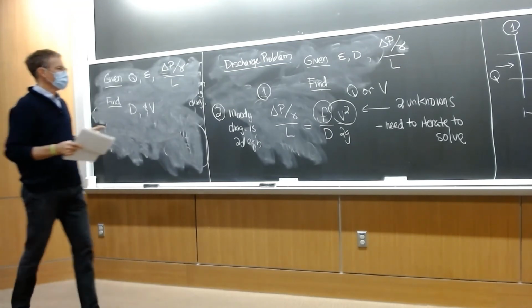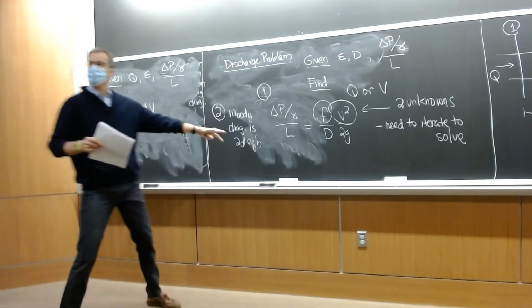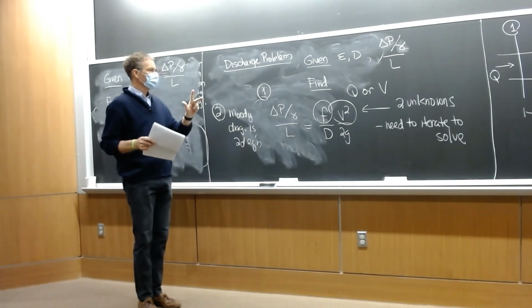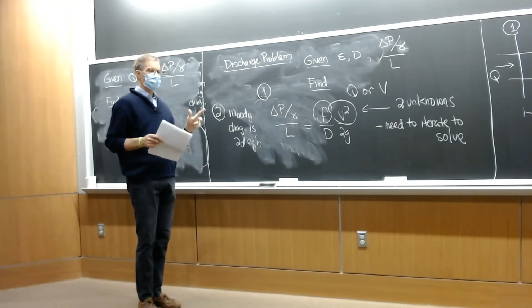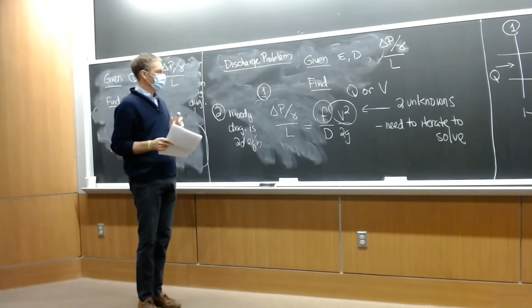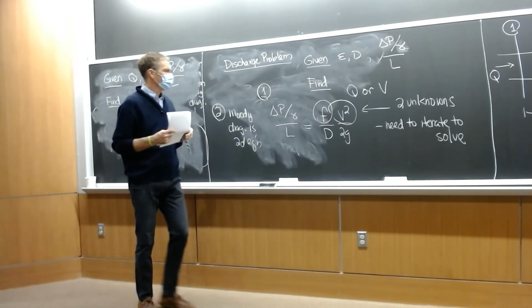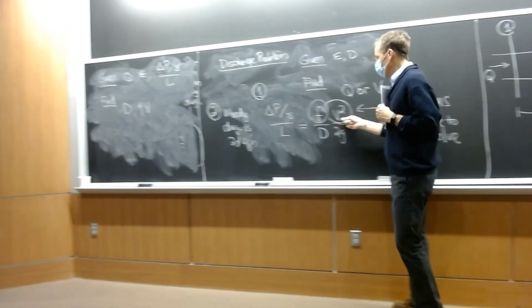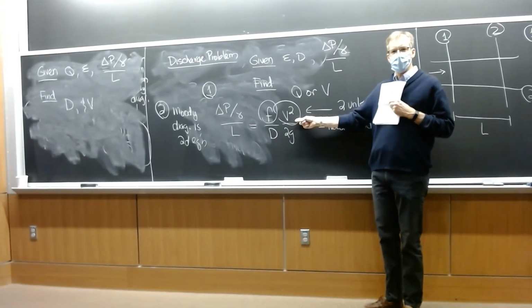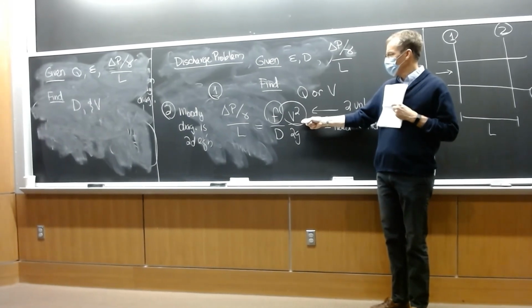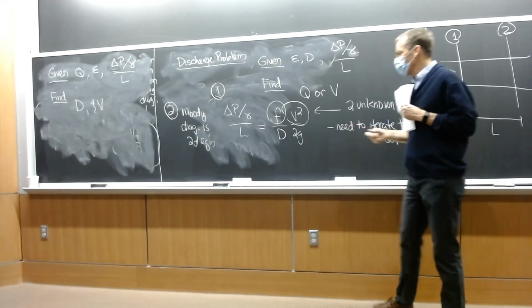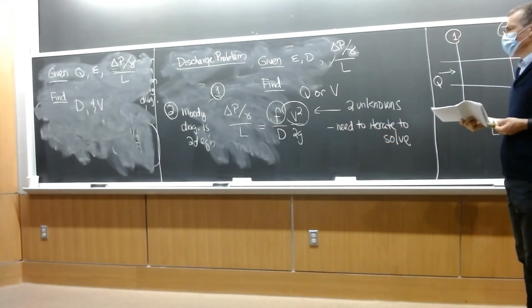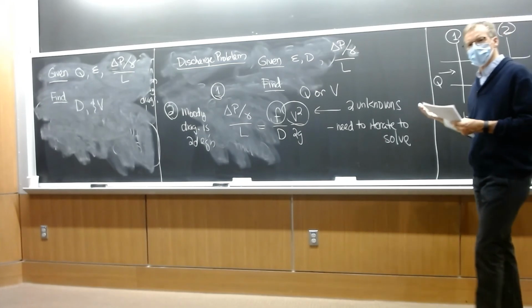In the discharge problem, if you think about the two non-dimensional numbers, the relative roughness and the Reynolds number, we don't know the velocity, so we don't know the Reynolds number, but we do know the pipe roughness and the two things that we need to know to find the friction factor, but not the other one.